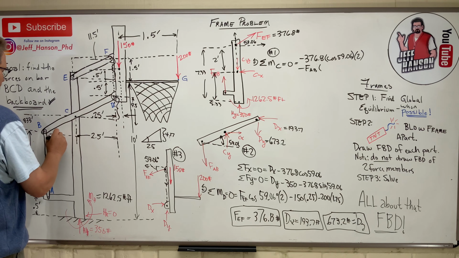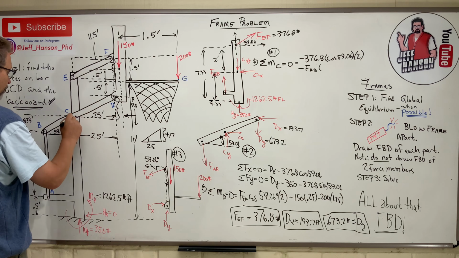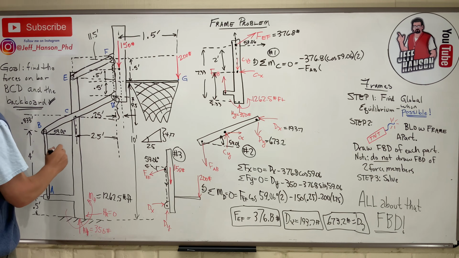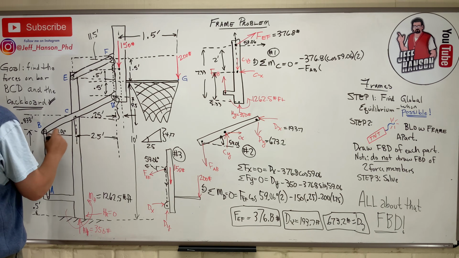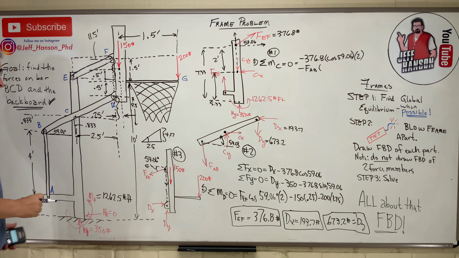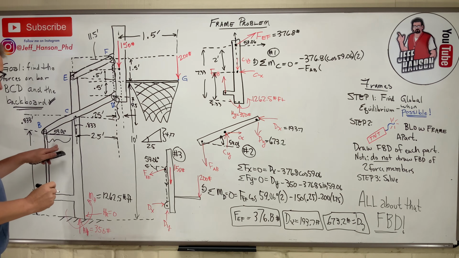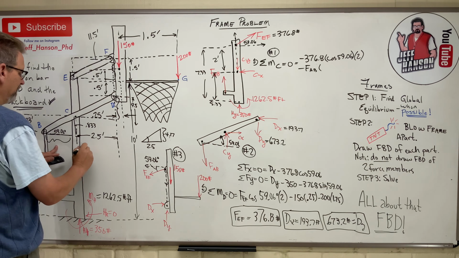This is 59.06 degrees, right? So there's a triangle right here. What do we know? We know this side over here is 0.833. So this distance here, which is the adjacent, I must have to use tangent, right?